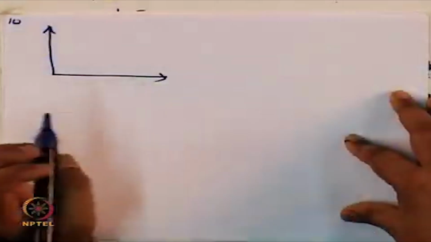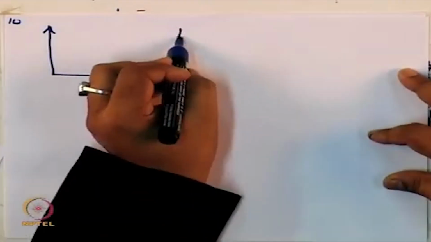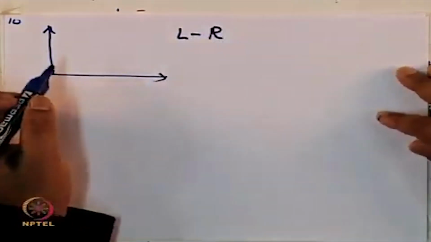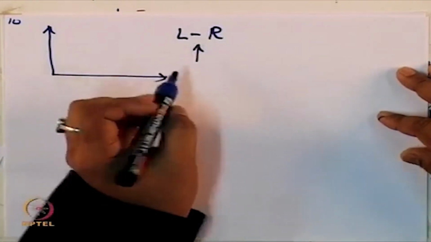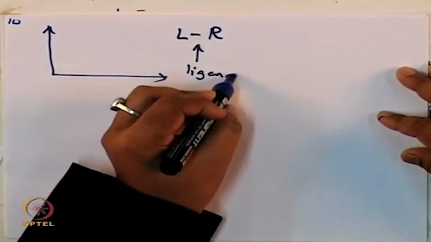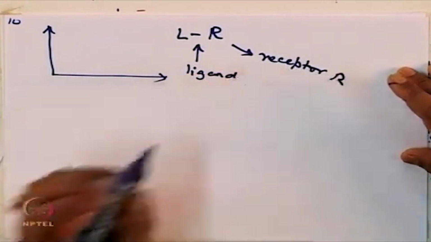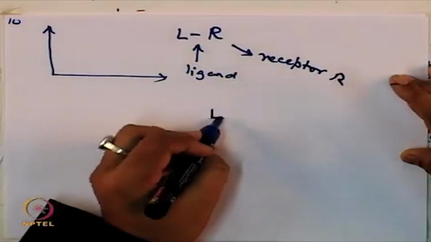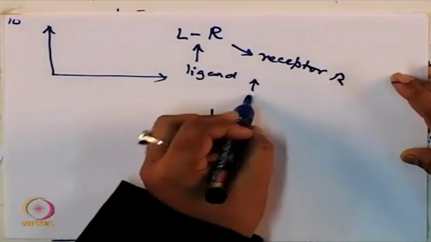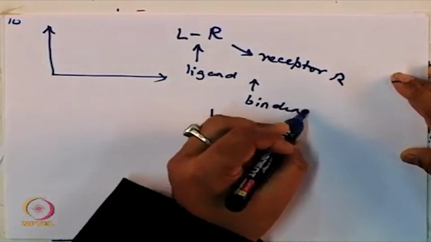Okay. Let us say you are probing the binding interaction between a ligand L and its receptor R. Okay. So, when L binds to R, you want to find out the binding strength of this interaction.